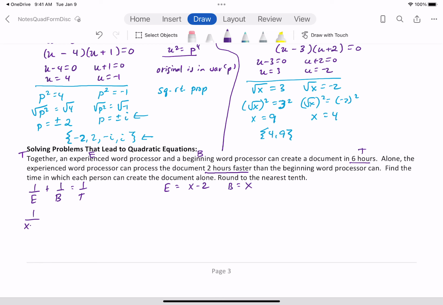Okay? So let's fill in what we know. Our experienced is x minus 2. Our beginner is x. And together is 6. So I'm sure this brings back fond memories. We need an LCD: 6x, x minus 2. And remember, I do have to see where we multiply every term in the equation by the LCD.